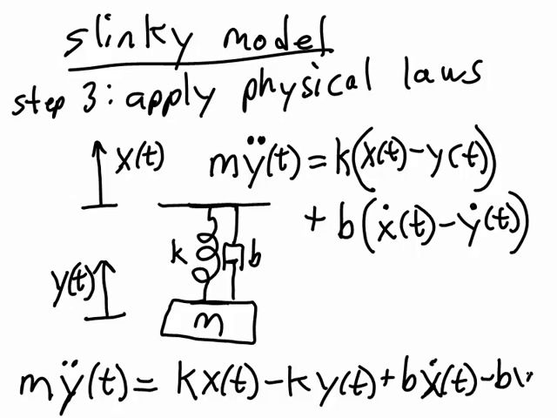Now I'm going to rearrange this equation one more time so that I have the input on one side of the equation and the output on the other side of the equation.